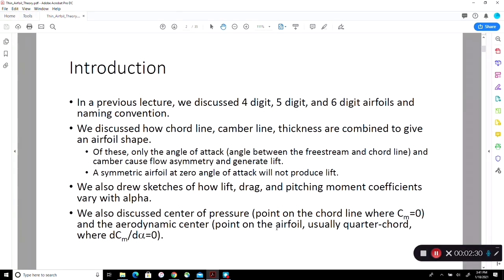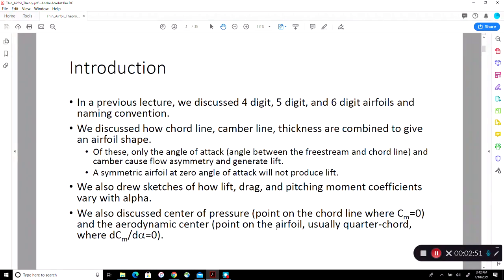We also showed some sketches of lift coefficient, drag coefficient, and pitching moment coefficient, and how they vary with alpha. We talked about center of pressure, which is the point on the chord line where the pitching moment is 0. And we also talked about aerodynamic center, which is a point on the airfoil chord line.